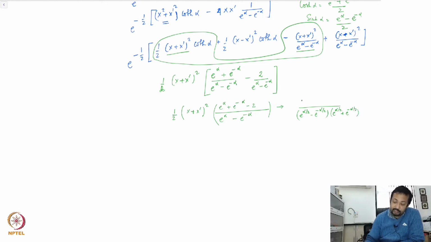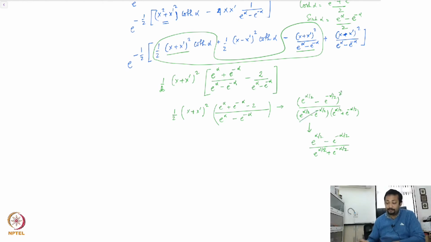The numerator is, you see very nicely, (e to the power alpha by 2 minus e to the power minus alpha by 2) whole square, so that this term is now (e to the power alpha by 2 minus e to the power minus alpha by 2) divided by (e to the power alpha by 2 plus e to the power minus alpha by 2), because one factor cancels with this one, and this quantity is tanh beta h bar omega by 2.